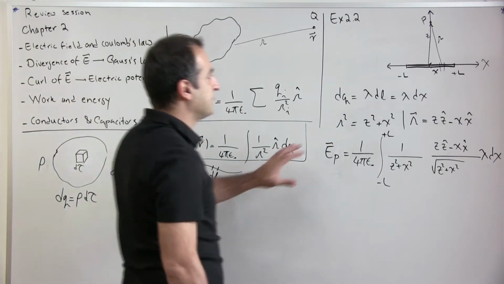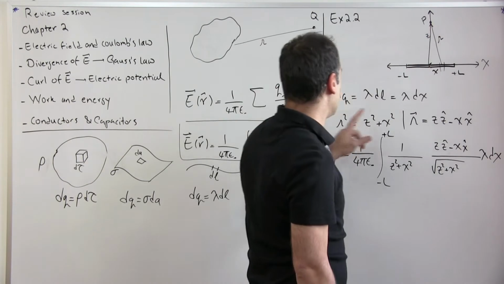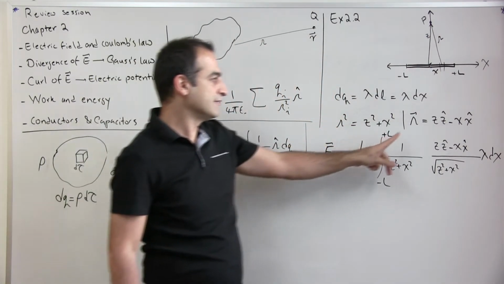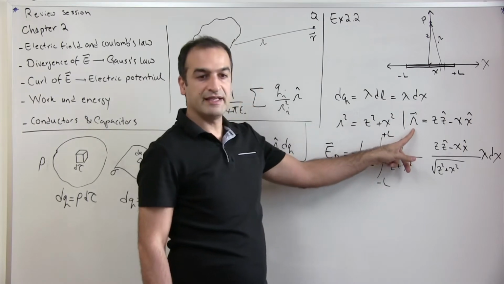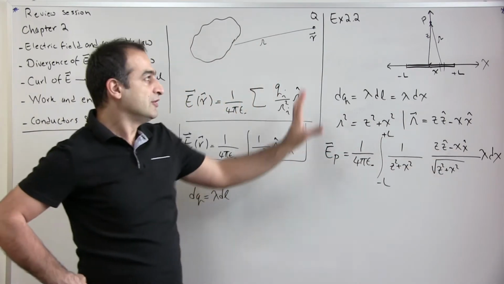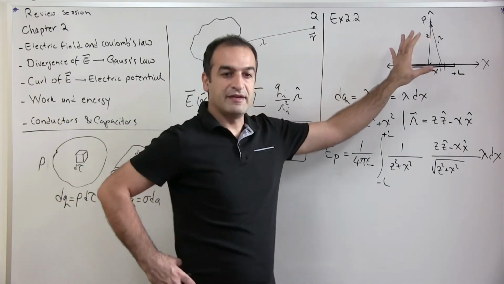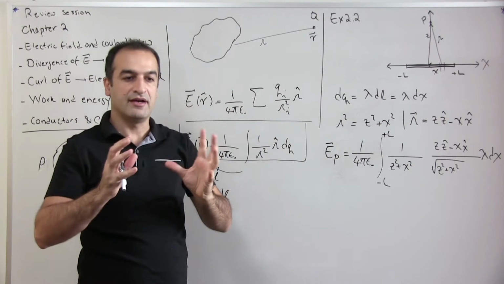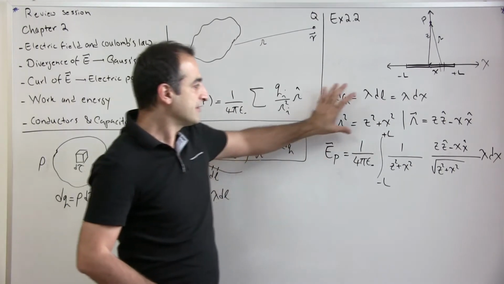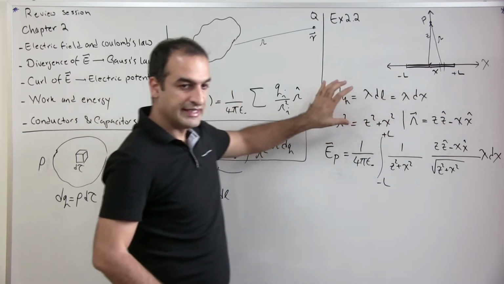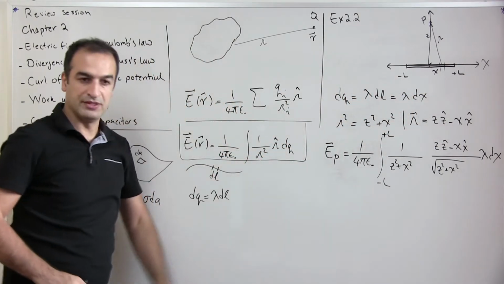So the first steps in this type of problem are to identify what is dq, identify what is the distance, identify the distance vector, and then you can calculate the unit vector. You should look at the geometry, analyze what you have and where you are taking the integral, figure out all these variables, and then plug them back into this equation.